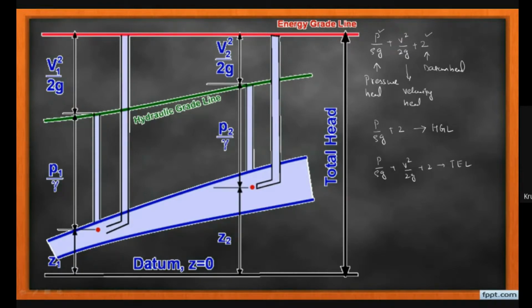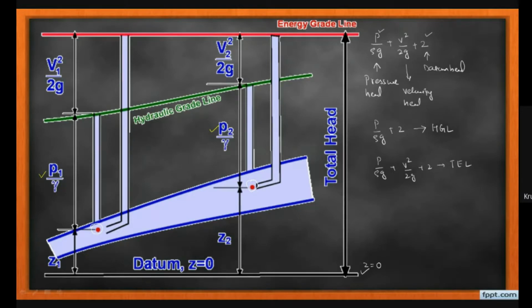Here I have taken one reference line where Z equals 0, so I consider this line as the datum. Now I have taken this converging pipe at one point, and there is another section. Here the piezometric head P by rho g is P2 by gamma, and here it is P1 by gamma, meaning rho g.